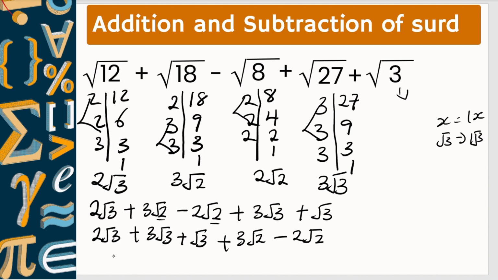So 2 plus 3 plus 1 will give us 6 root 3, and then 3 minus 2 will give us plus 1 root 2, or we can say plus root 2. So this is our final answer because we can't simplify further. 6 root 3 and root 2 are not like surds because they have different radicands.